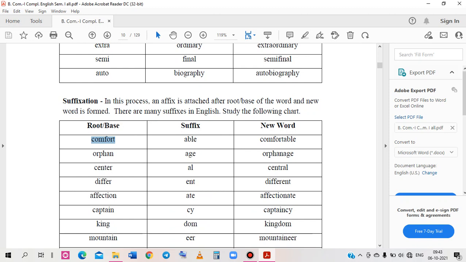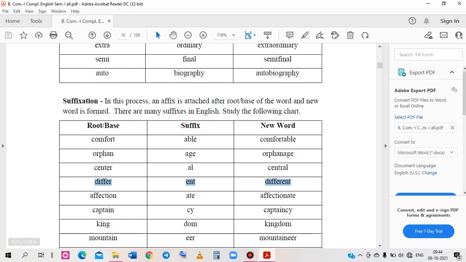Then age, orphanage, age is a suffix. Central, al is a suffix. Differ, different, ent is a suffix.